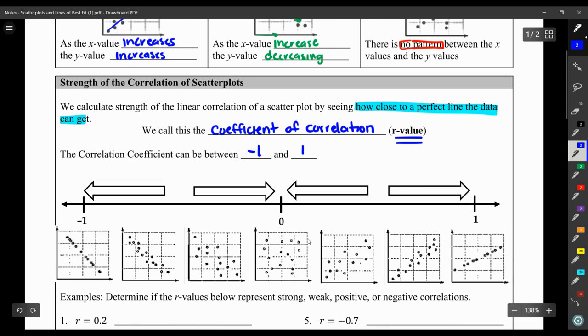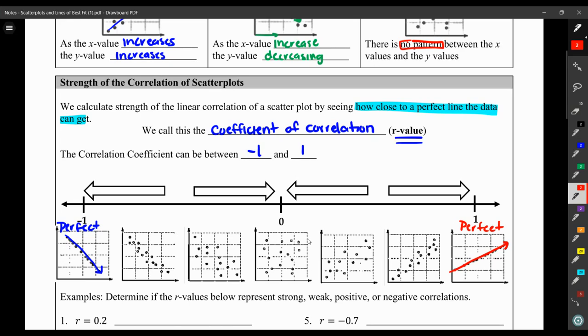At -1, we call this a perfect negative. That's because if I tried to draw a line of best fit, these are perfectly in a line that is going negative. At 1, on the other end of the spectrum, we have a perfect positive. Again, these points are all perfectly in a line. That is the goal. We want it to be in a perfect line.